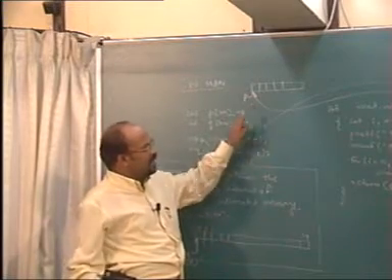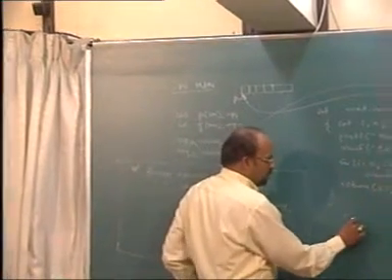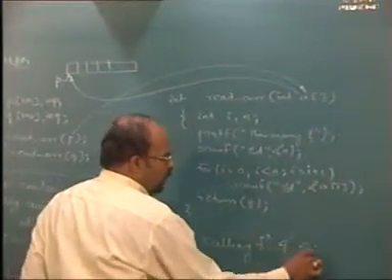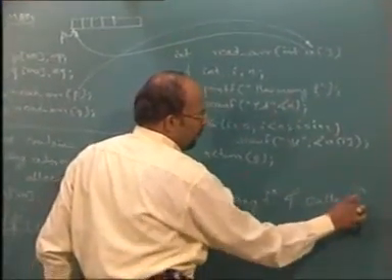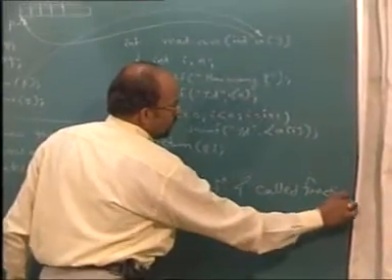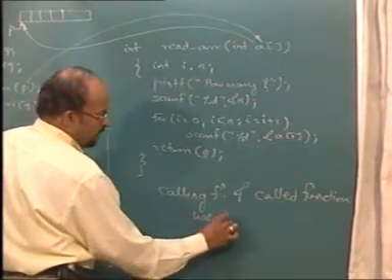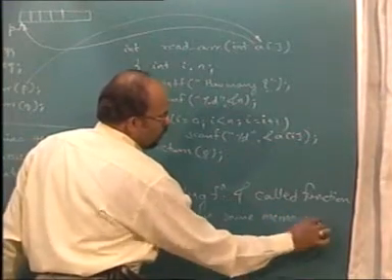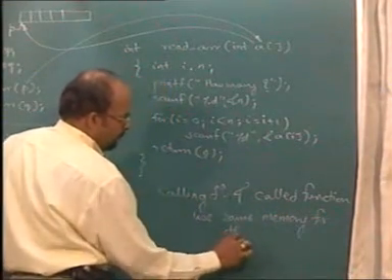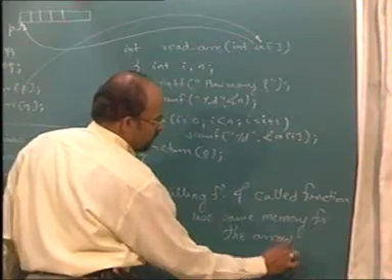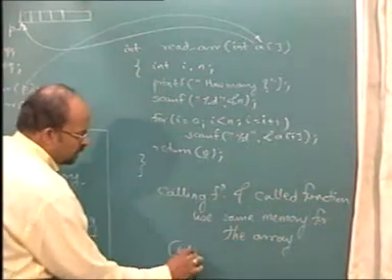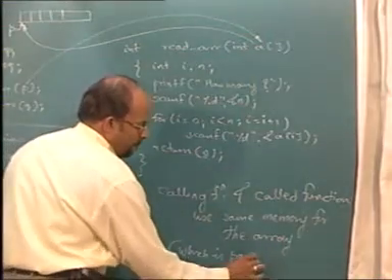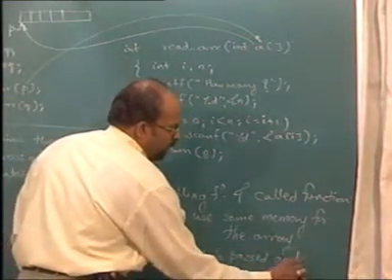Ultimately we will say that the calling function and called function use the same memory for the array, of course the one which is passed as a parameter.